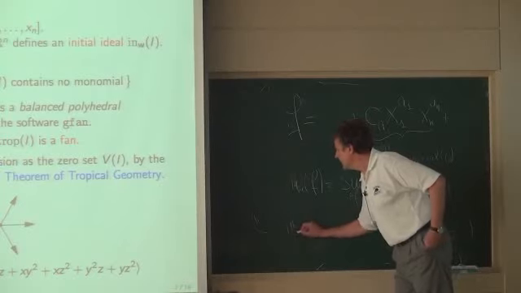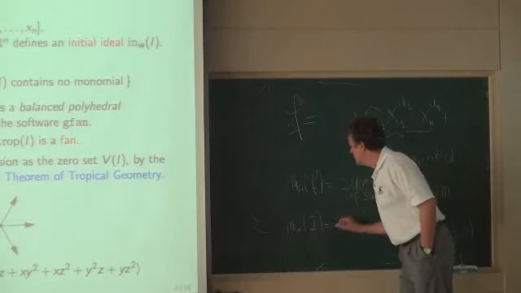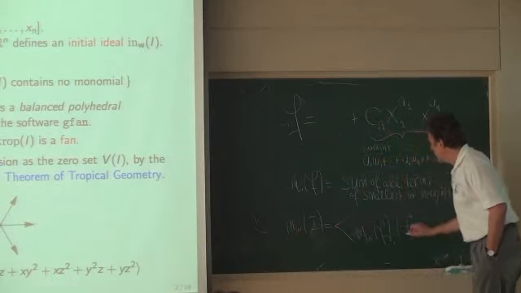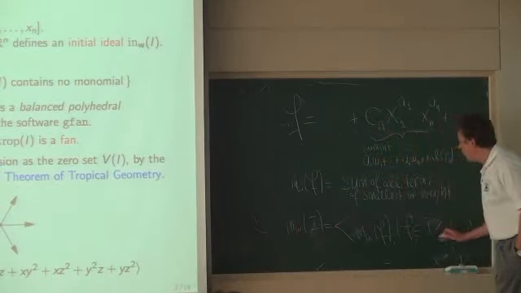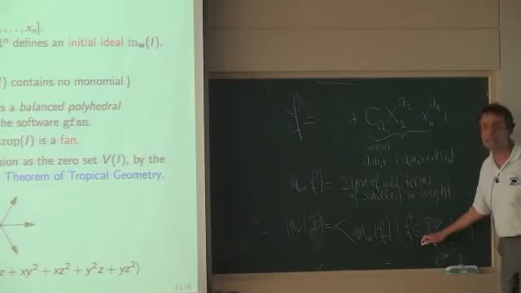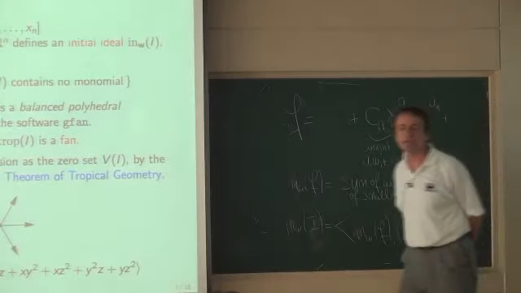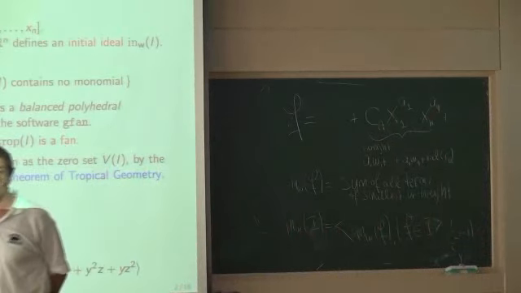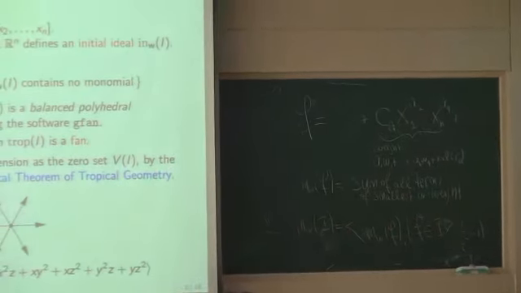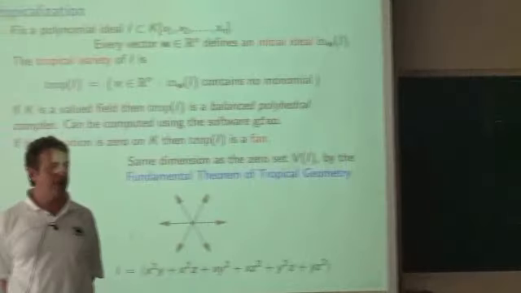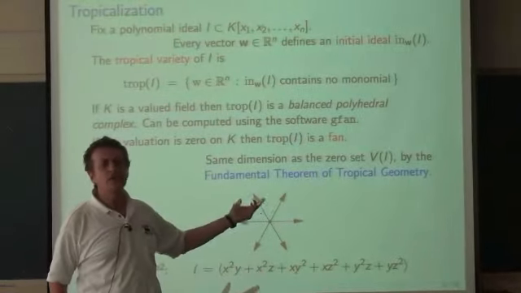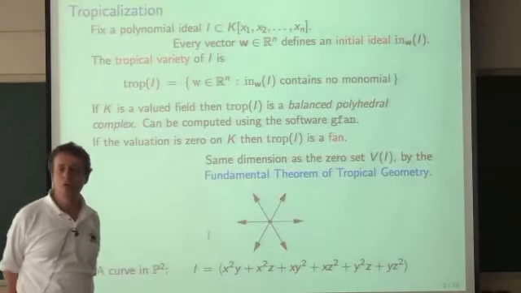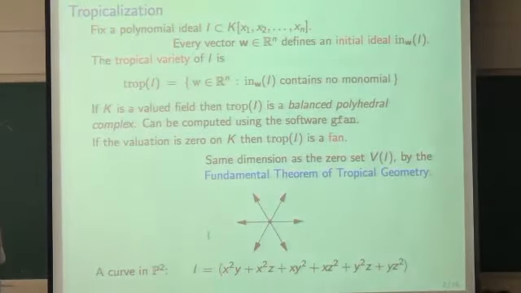And then the initial ideal is the ideal generated by all initial forms where f runs over all infinitely many polynomials in the ideal. Okay? So that's the initial ideal. The initial ideal is generated by the initial forms, so it's the usual definition that you know from Grobner bases, but here we just have weight vectors rather than monomial orderings. Okay, does that answer your question?